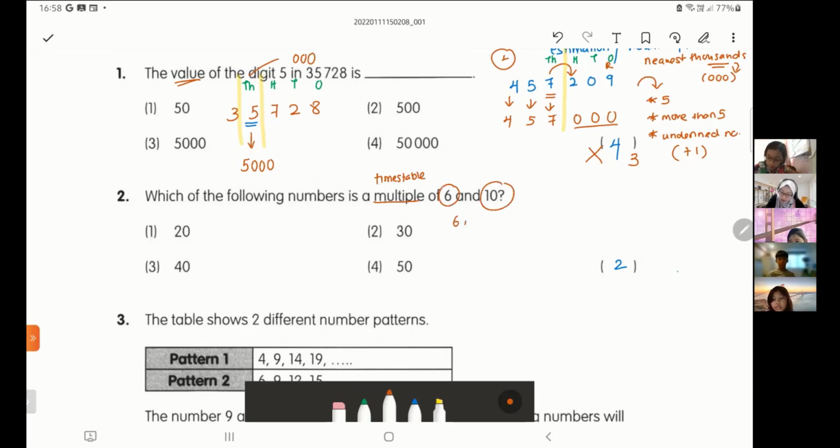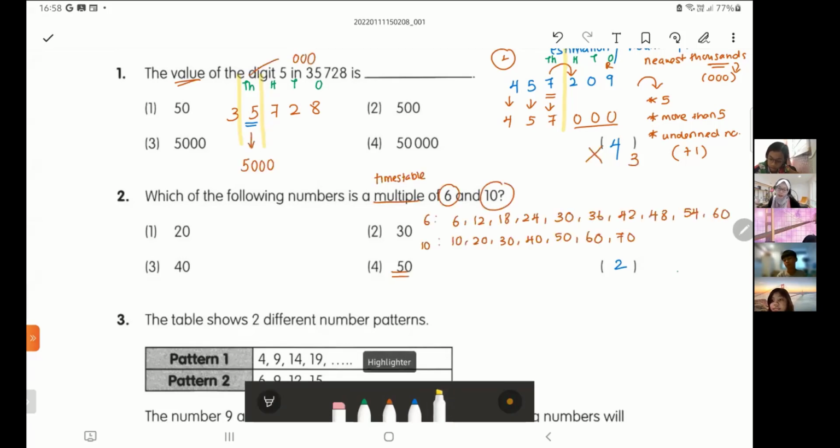Timetable 6: 6, 12, 18, 24, 30, 36, 42, 48, 54, 60. Now times table 10: 10, 20, 30, 40, 50, 60, 70. I stop there because the biggest option is 50.